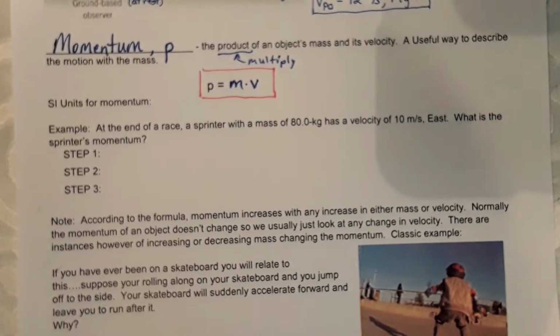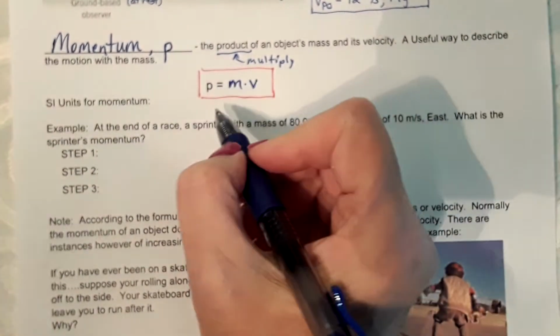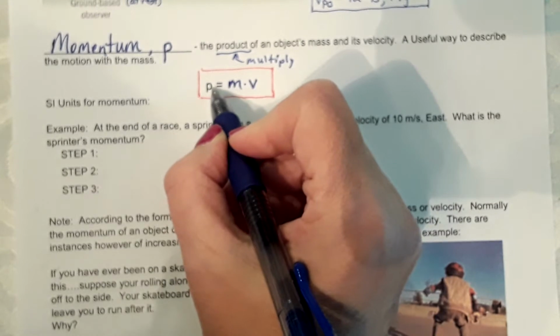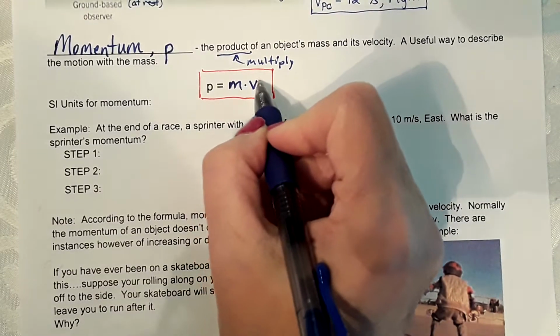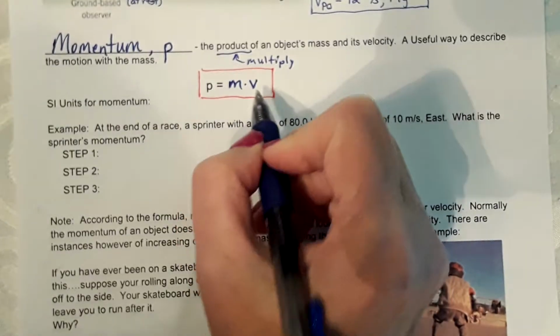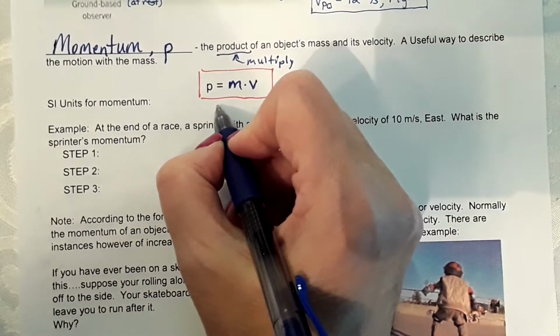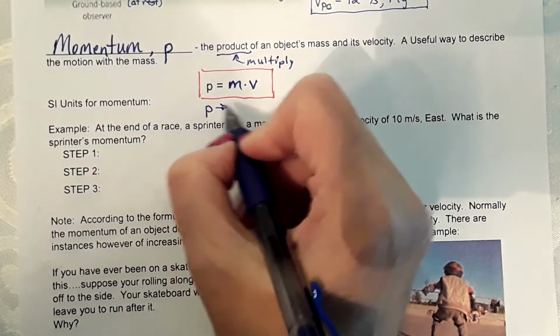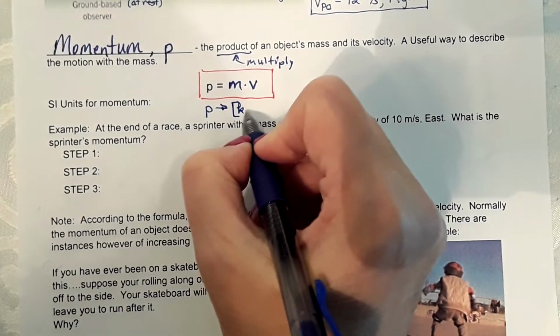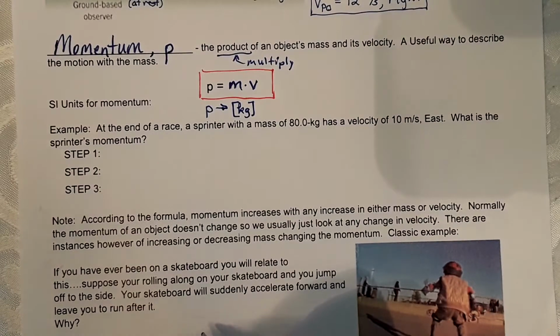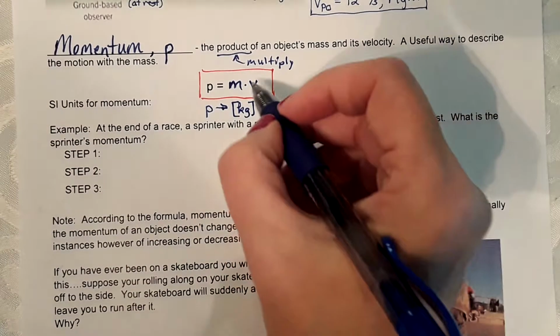All right, now what about the units for momentum? How do we measure it? Well, in order to see how we measure momentum on this side, we have to look at the units that we're using over on this side. Mass is measured in kilograms. Remember, that's the SI unit for mass, not the gram. In physical science, we use the kilogram.